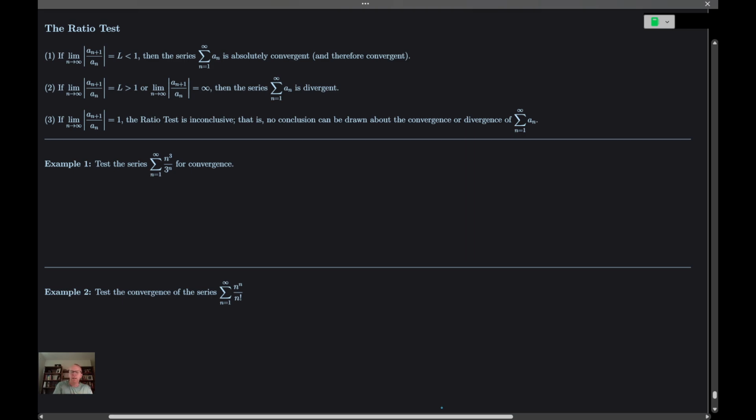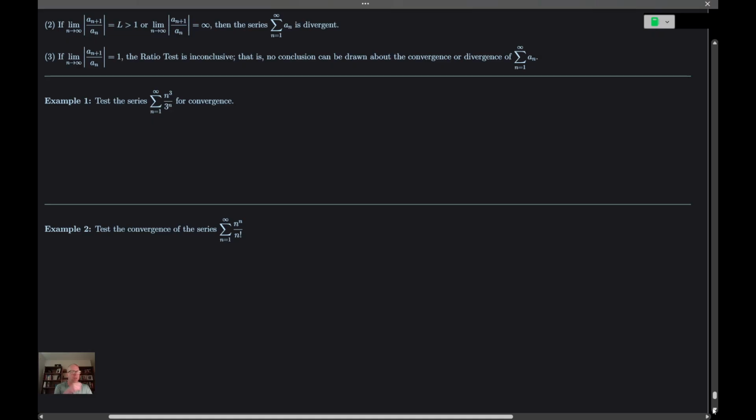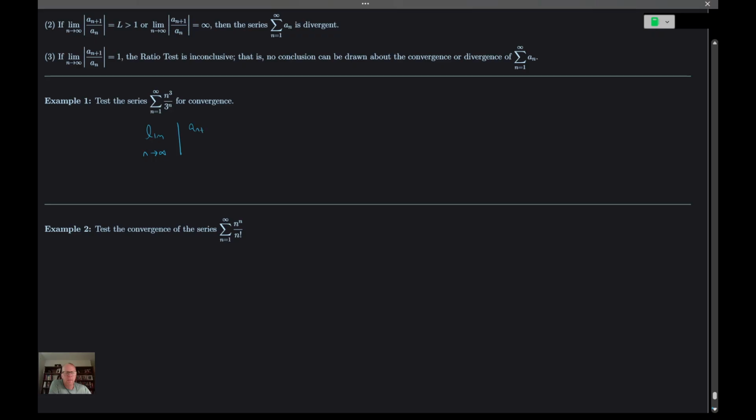So let's see how this works. We have this first series, n cubed over 3 to the n. We would need to find the limit as n goes to infinity of the absolute value of a sub n plus 1 over a sub n. I will ignore the absolute value because these are all positive anyway, so it doesn't really matter.